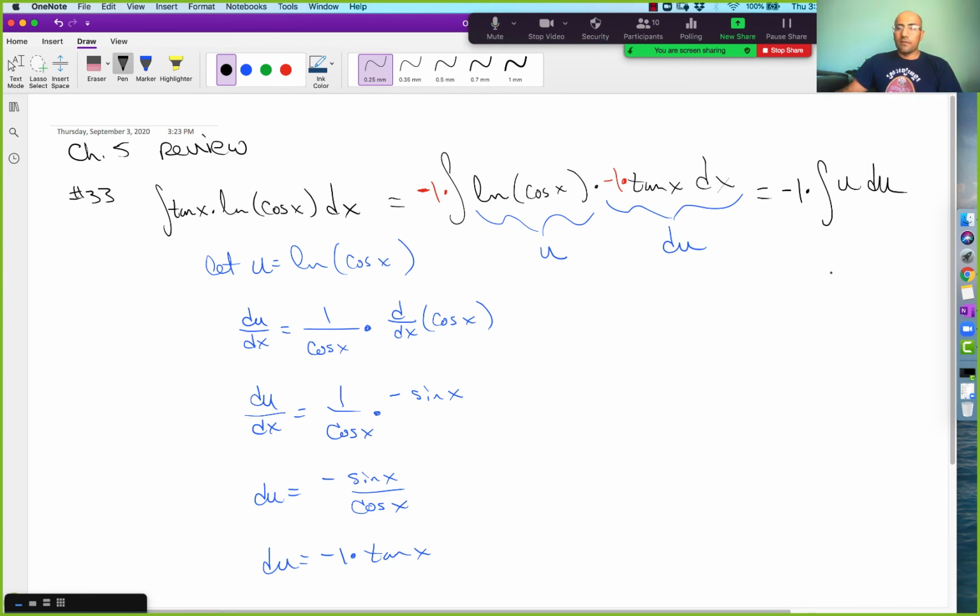Good. This is going to be equal to -1 times u to the 2 power, right? I bring down the 2, I get a power of 1 there, so that's going to be a 2. But if I bring out a 2, there's no constant there, so I have to multiply by 1/2, right?